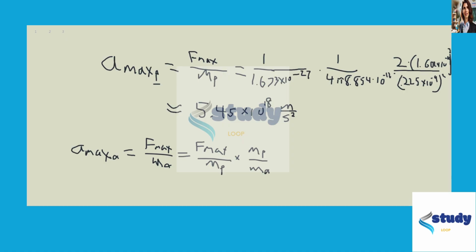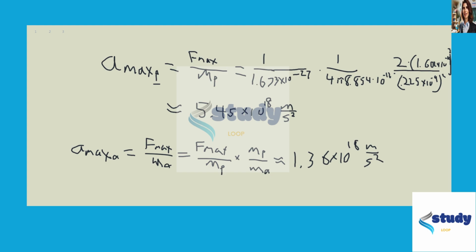And we know this part is this answer we just calculated. This part, we're told the alpha particle is 4 times the mass of the proton. So this is just 1 divided by 4. And so this answer is just this answer divided by 4, which is approximately 1.36 times 10 to the 18 meters per second squared.